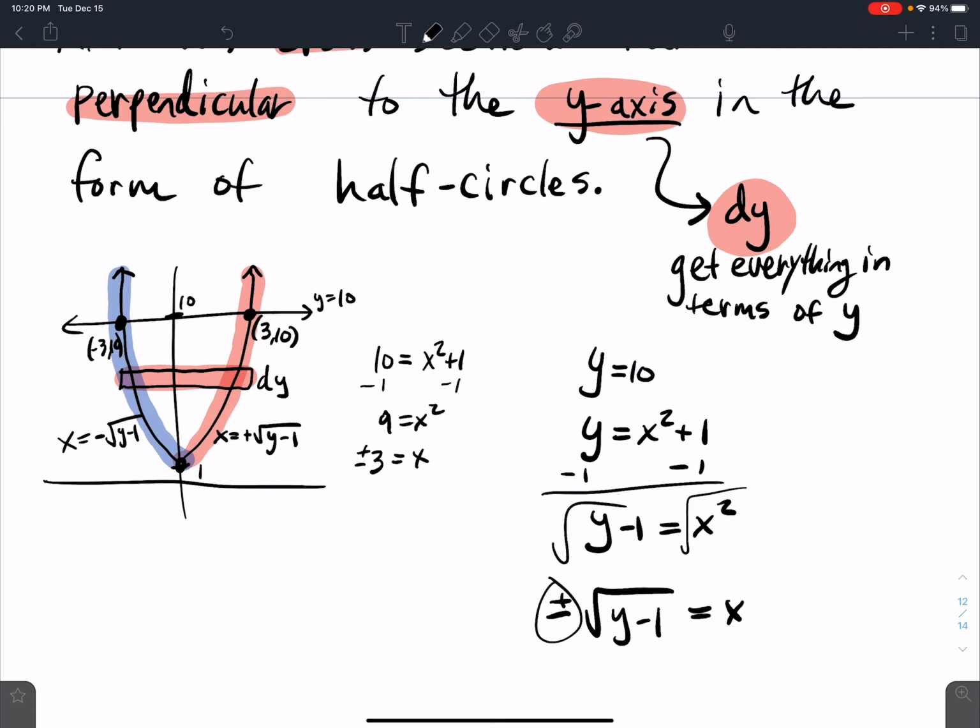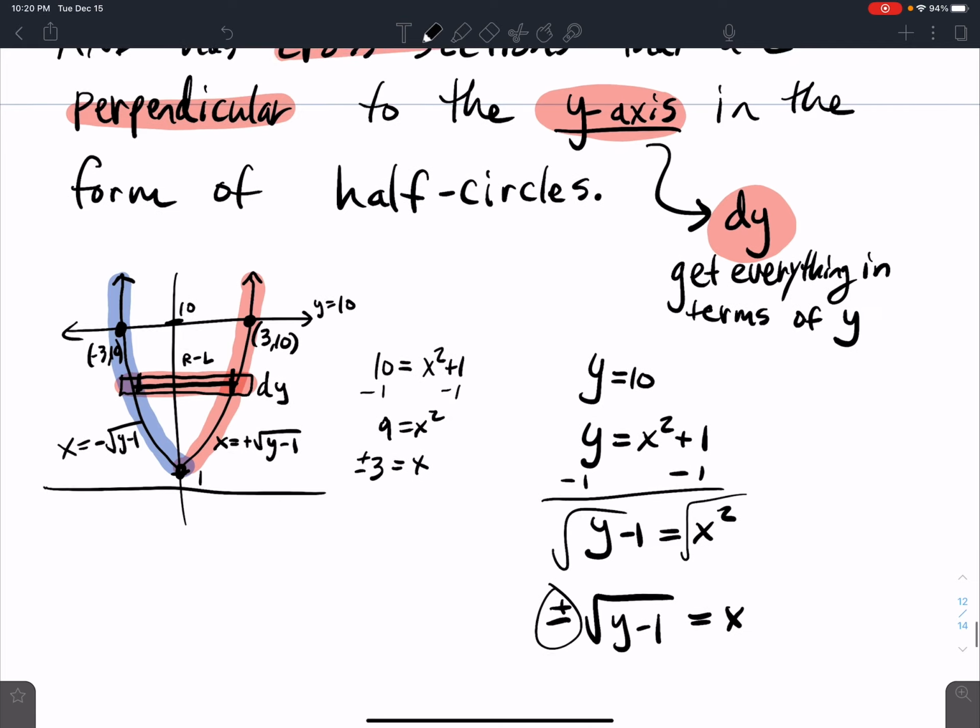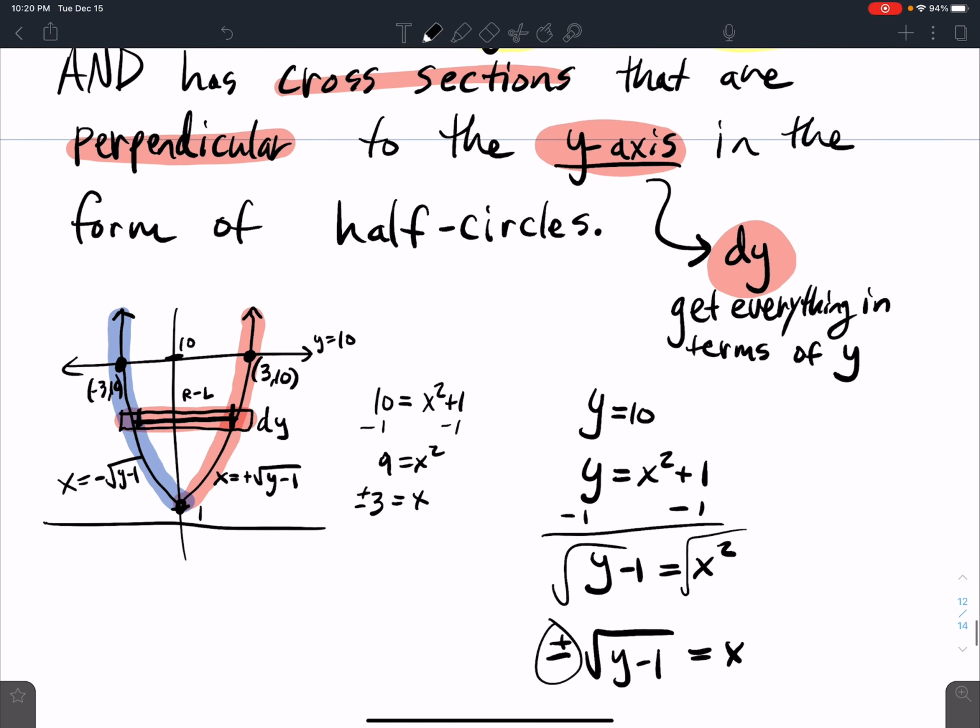So what kind of cross sections do we have? Now that we know our base, remember to find that distance here, we do right minus left. Right minus left gets us that distance from previous videos. Remember, we're dealing with a dy.